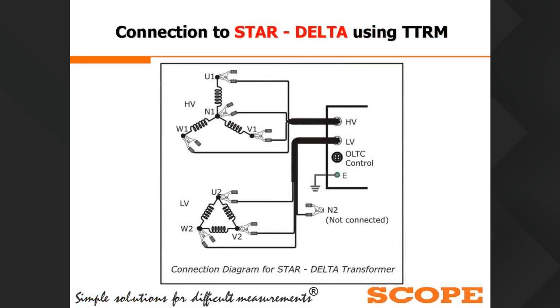Similarly, we connect the 4 LV points directly. If it is a star delta, we connect the HV points to R, Y, B, neutral, and the LV R, Y, B to the transformer, and the remaining N2 cable we do not connect.